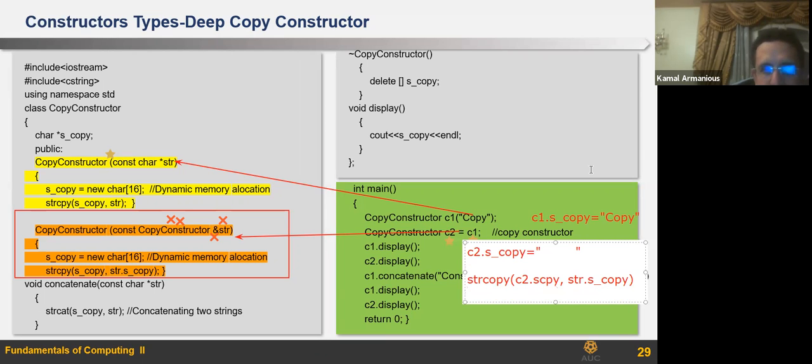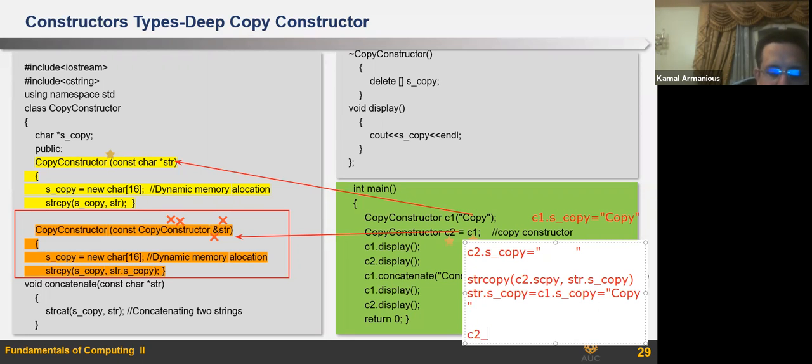طيب، ده معناته ايه؟ str dot s underscore copy is equal to C1 dot s underscore copy is equal to copy.